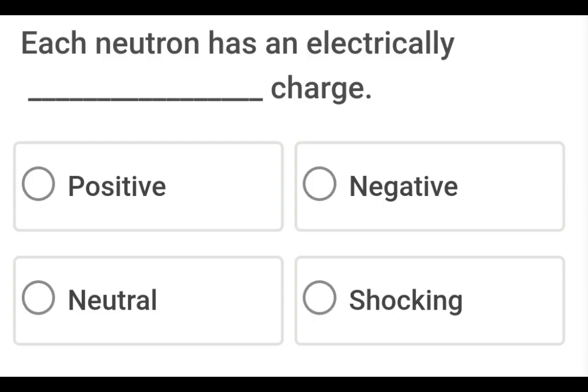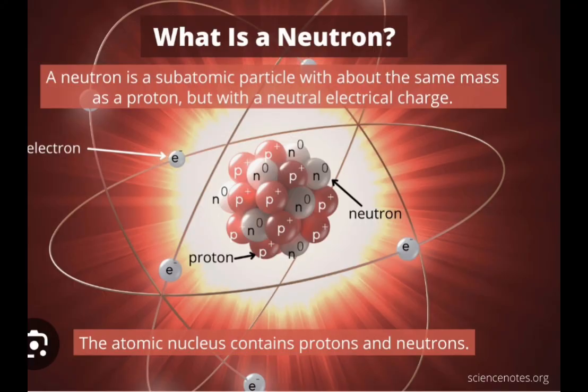Fifth question. Each neutron has an electrical dash charge, A. positive, B. negative, C. neutral, D. shocking. We are going to select neutral as our answer. Neutrons are subatomic particles that do not carry an electrical charge.